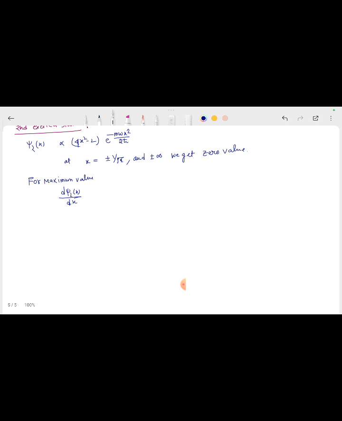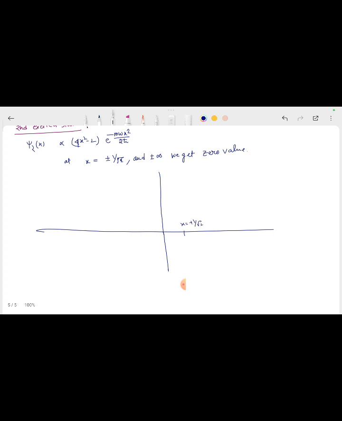This part is very important, but don't worry, no need to calculate each and every value. You just remember the plot. At x equals 0, we get a minus value, because minus 2 into e to the power 0 gives minus 2, right?